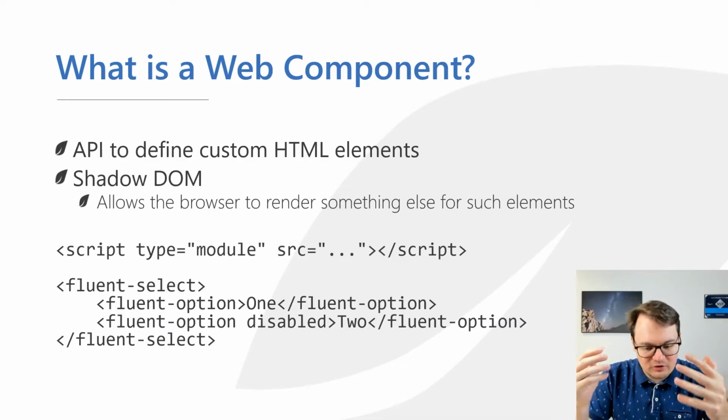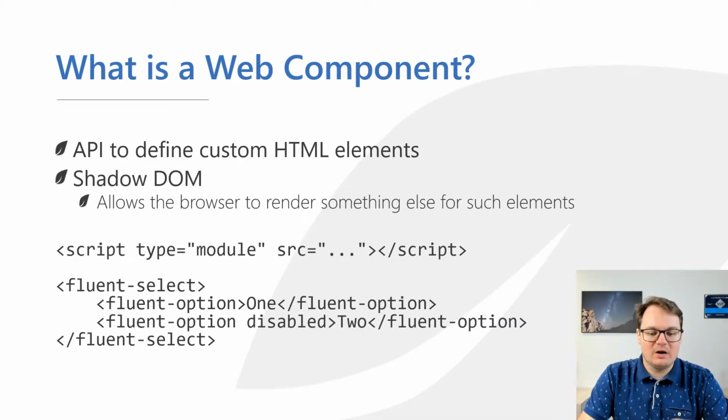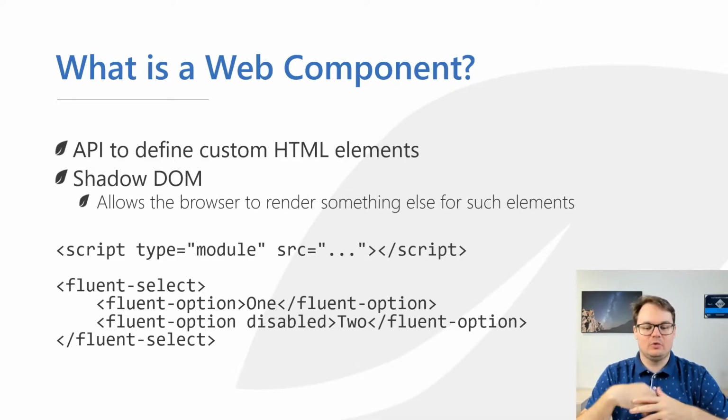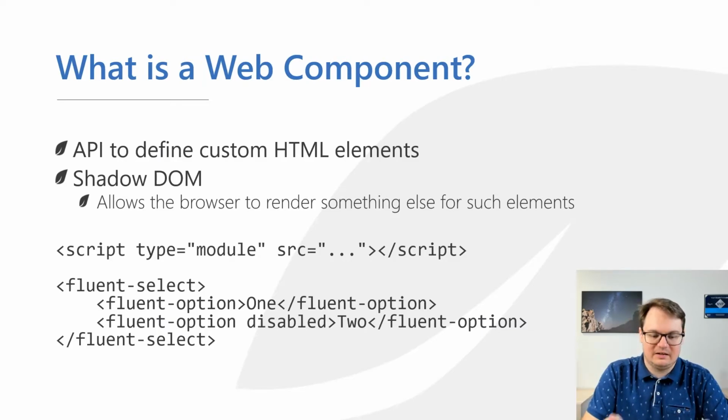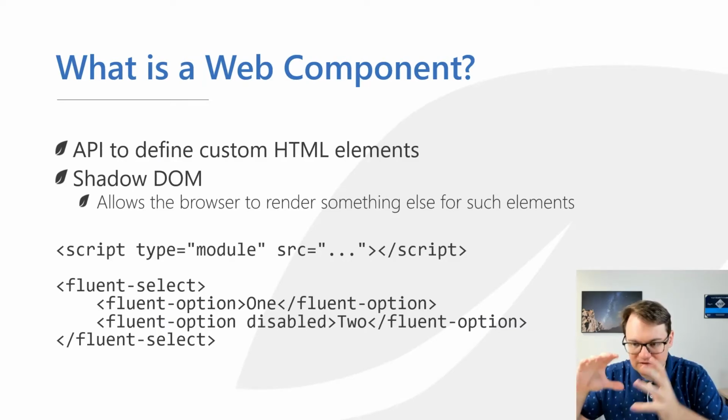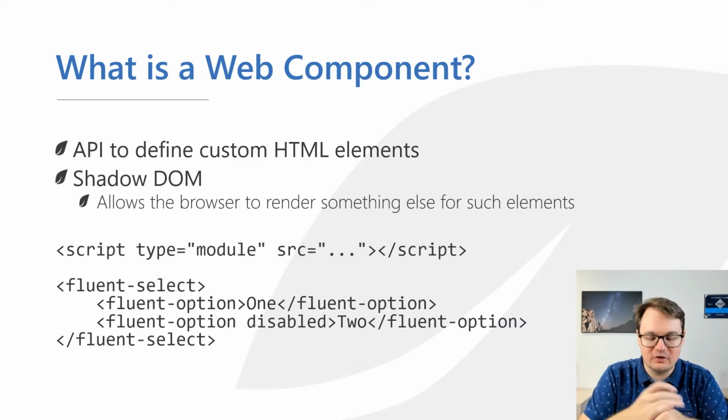It is just sent to the browser, and because of this script that is imported in the page header, the browser will know how to react to this HTML element. So it will know that if it finds the Fluent select element, it has to do something like this. So the first part of this standard is an API which allows defining custom HTML elements and how these elements should behave.